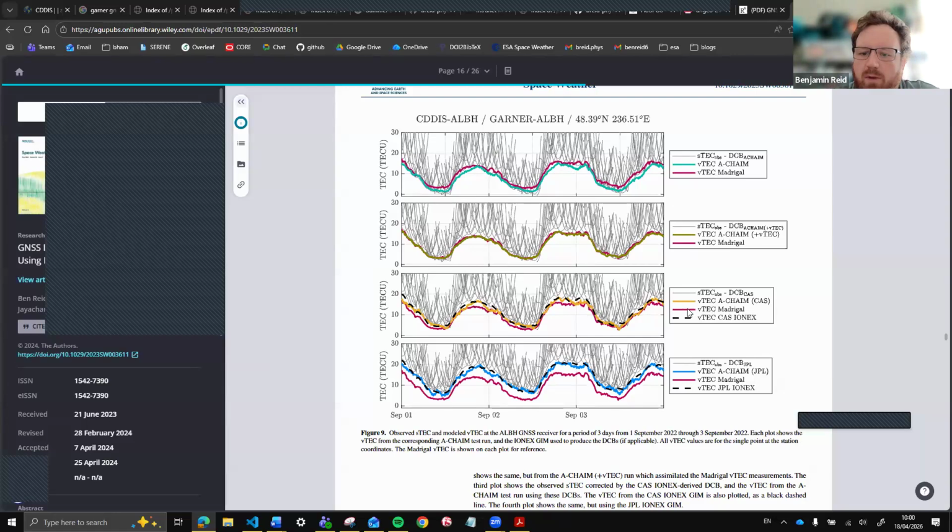The purple line is Madrigal, which I think Mahith will talk about. The dashed line is what you would get from an Ionex GIM, a TEC map. So essentially you take all of these, map them down, and level it again to what the Ionex TEC map is saying. And that's how you figure out the DCB.